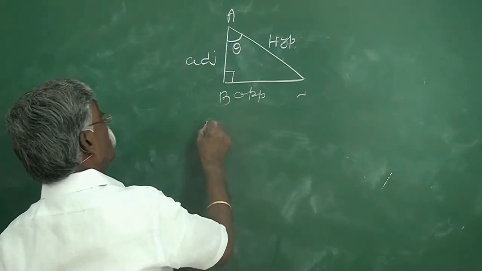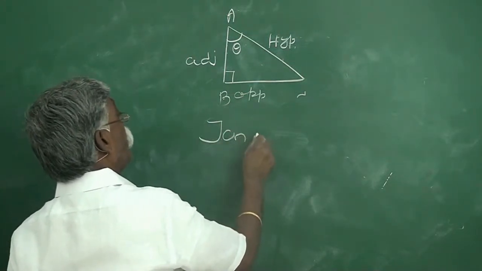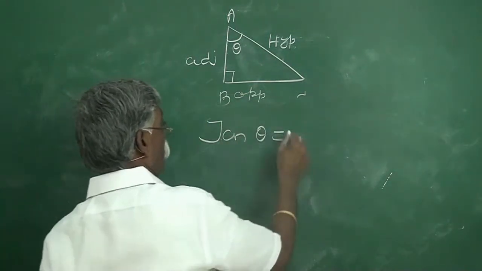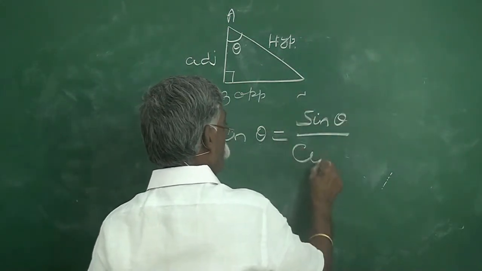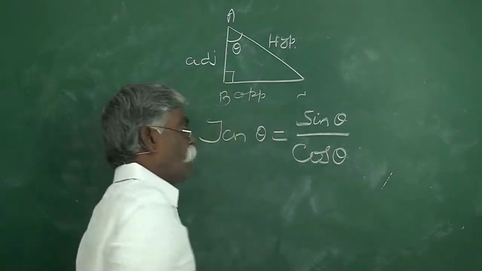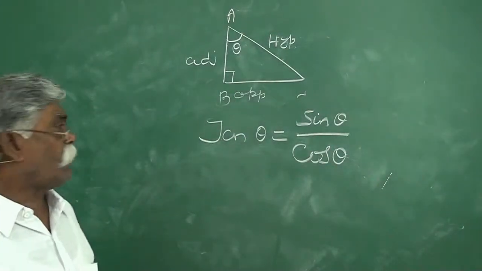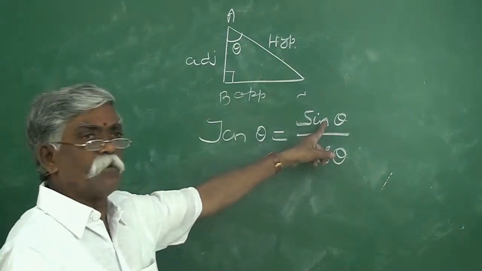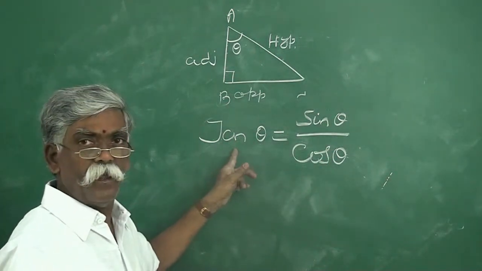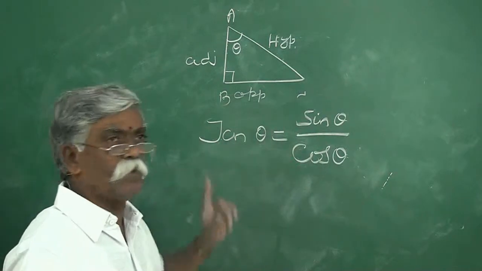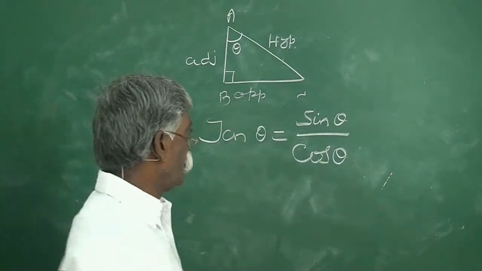And the ratio between sin theta and cos theta is called tan theta. Therefore tan theta equals sin theta by cos theta.